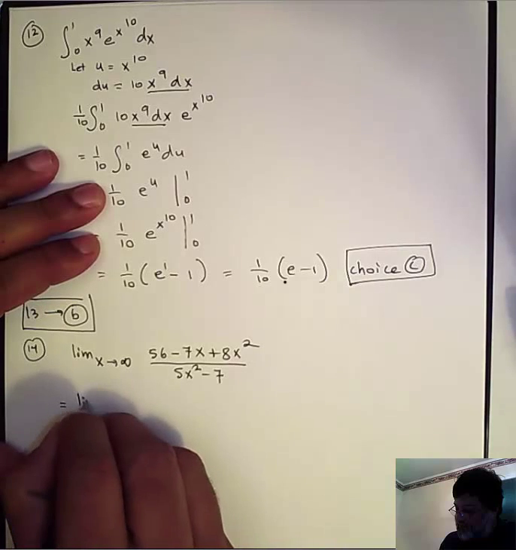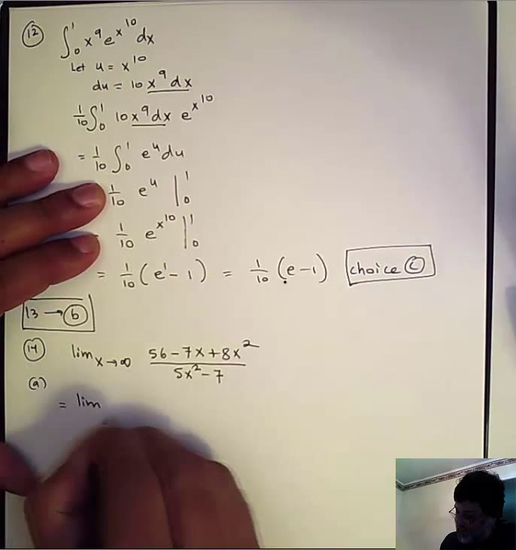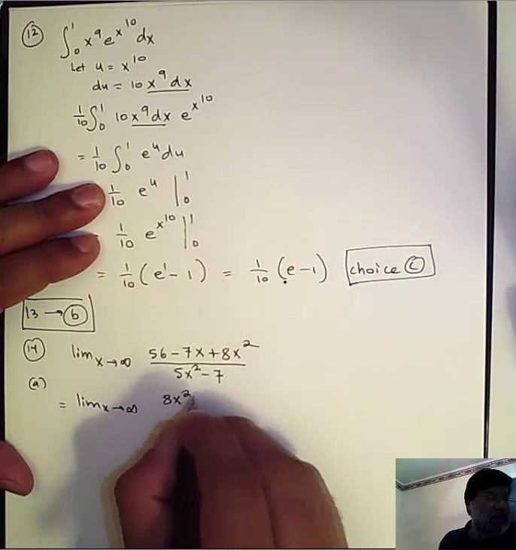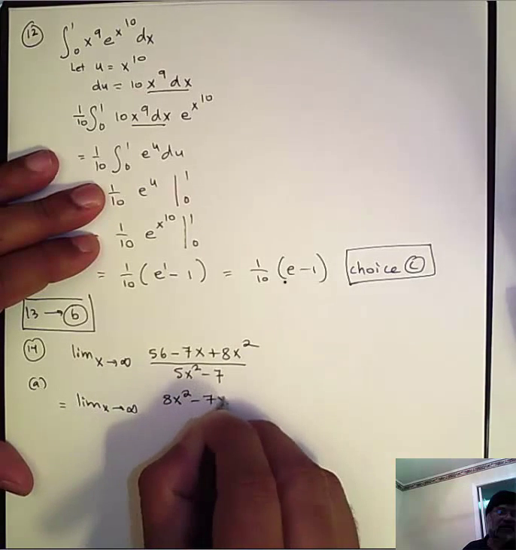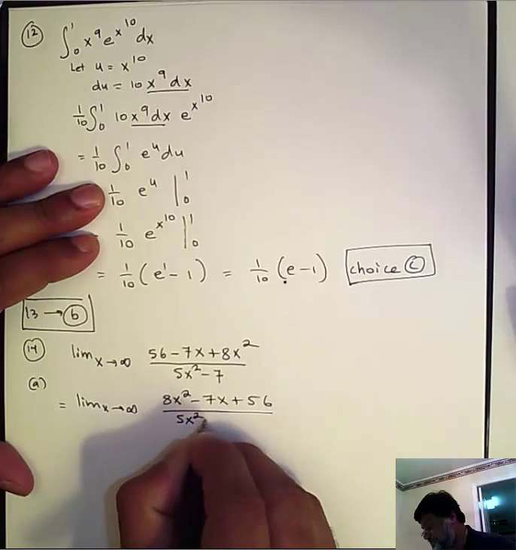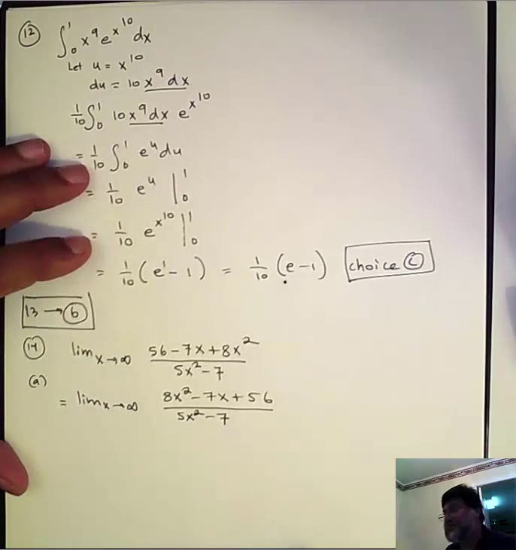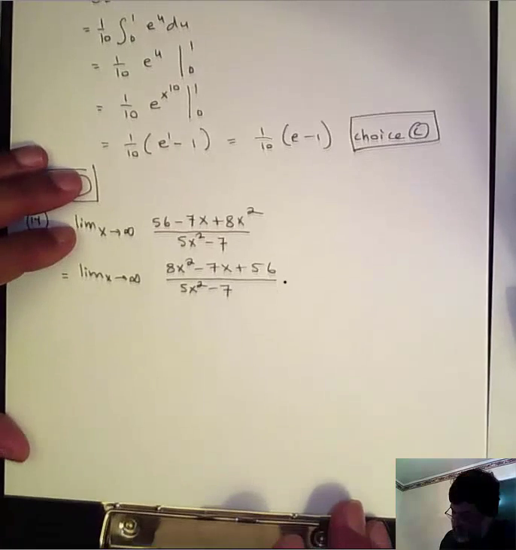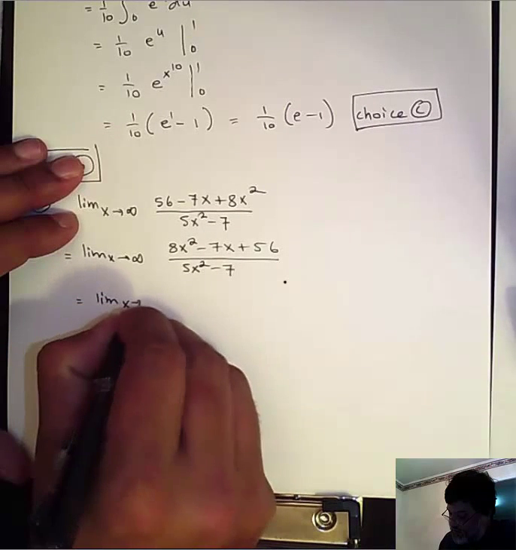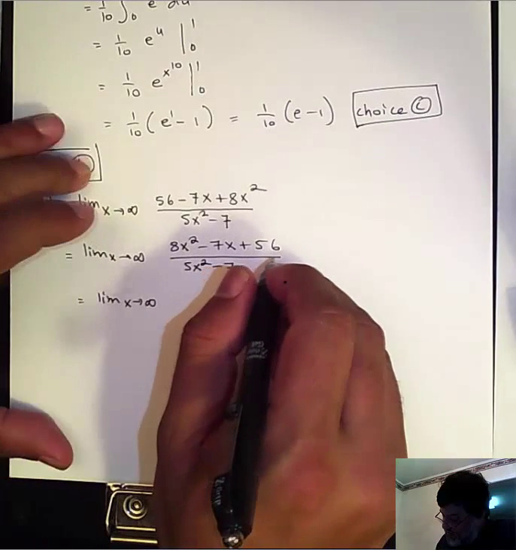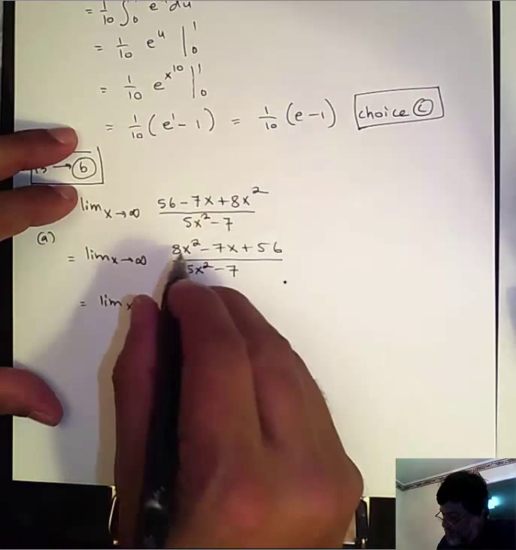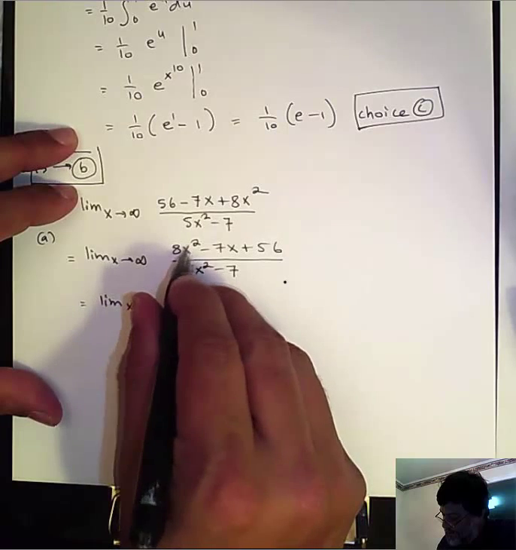No. So using what we know from algebra, if I go ahead and line them up like this, then divide both numerator and denominator by the highest exponent.